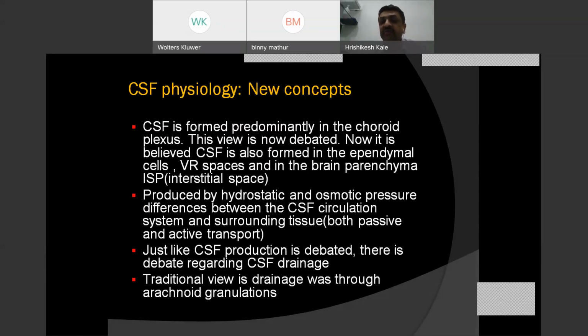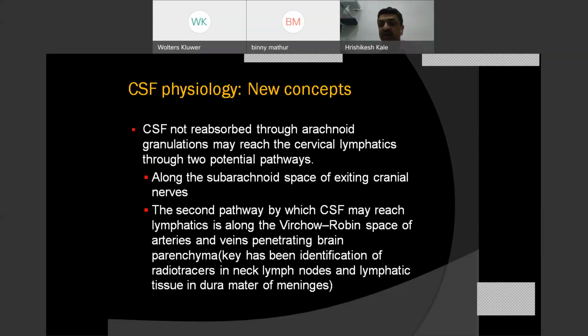It is felt that there are three other sites where some of that CSF may be formed: the ependymal cells, the Virchow-Robin spaces, and the brain parenchyma interstitial space. And there are other sites where CSF can be reabsorbed, such as along the subarachnoid space, as well as along the lymphatics along the dura.